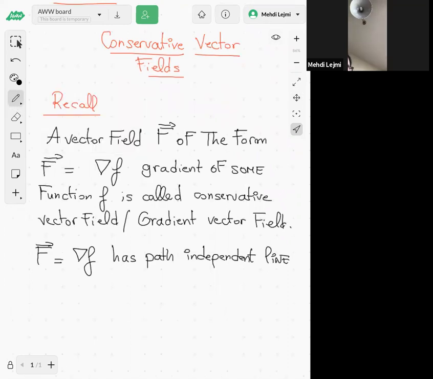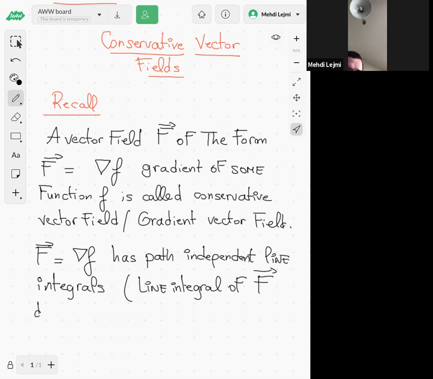Vector line integrals. So the line integral of F, capital F, the vector field, depends on the value of the scalar function lowercase f at the endpoints of the path.